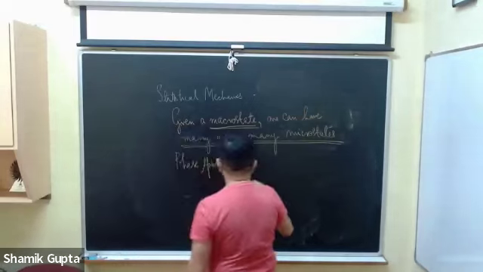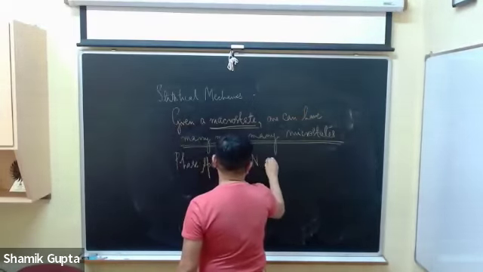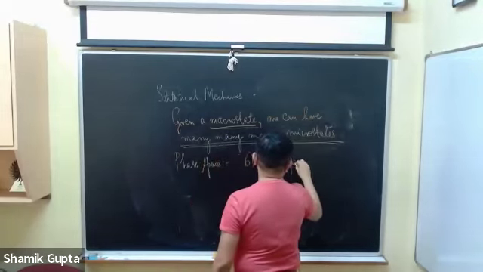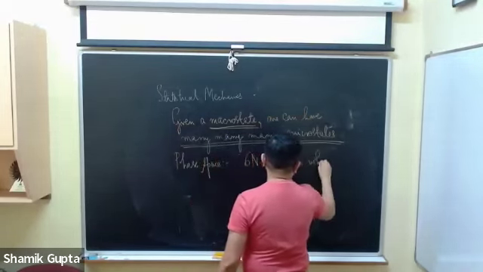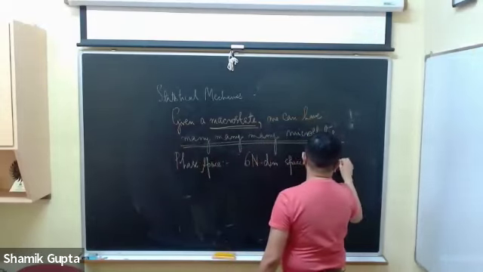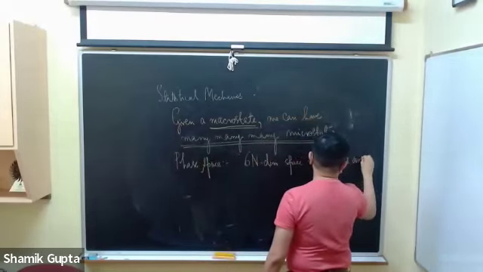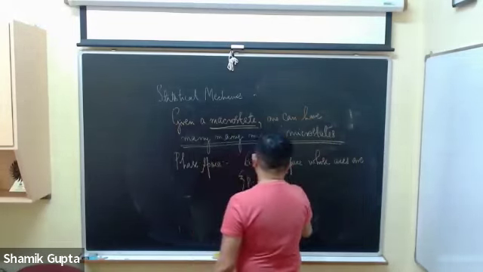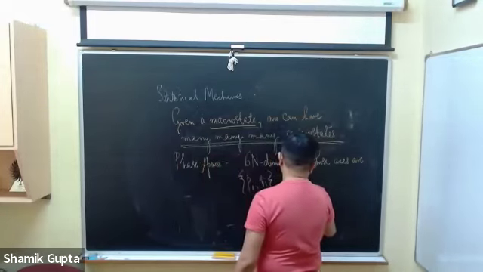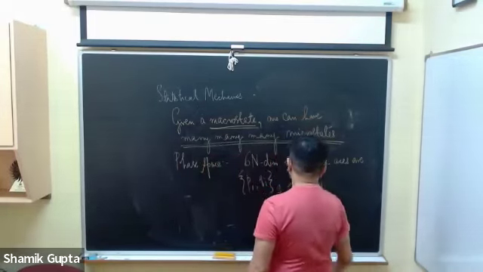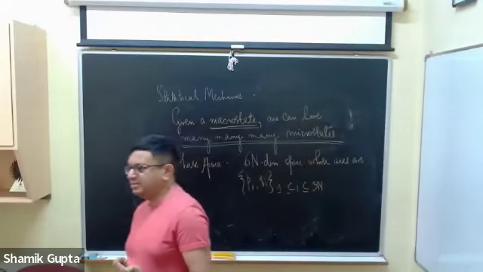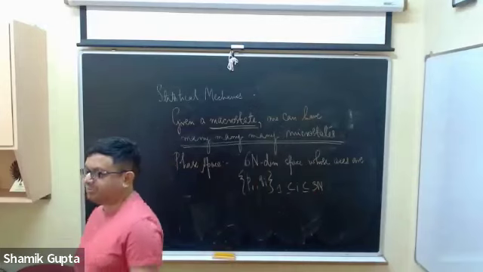A phase space is a 6N dimensional space whose axes are precisely the p_i and the q_i values of the particles making up the system. So I have 3N values of coordinates, 3N values of momenta.